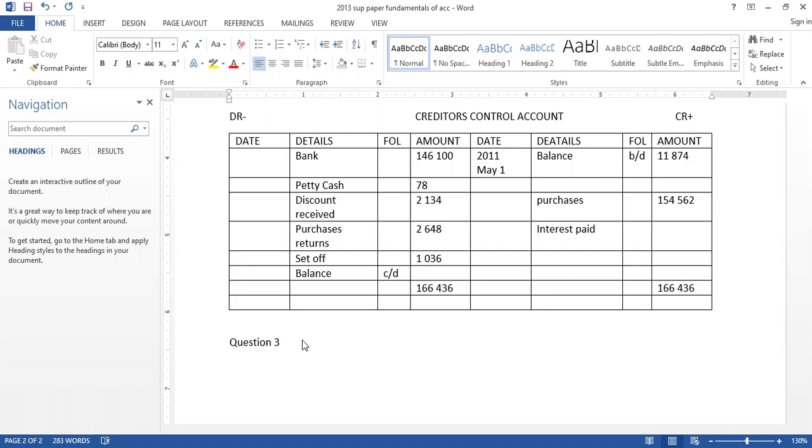It says that a bank statement and a cash book are not the only accounts that need to be reconciled in the business. We also have other reconciliations, such as the supplier statement and the creditor's ledger.